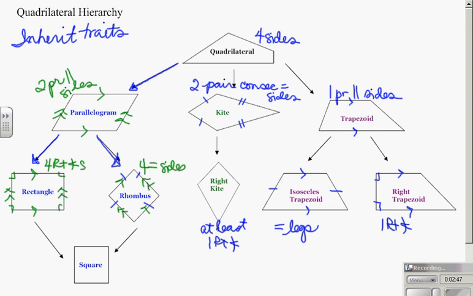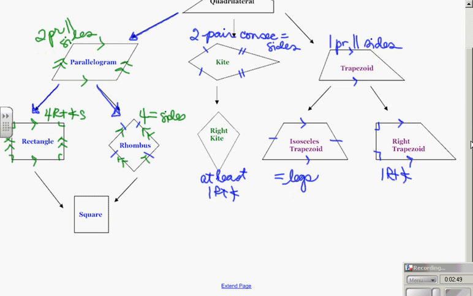Just like you inherited a quality from your grandparents, so do parallelograms inherit qualities from the figures above them. So a square gets everything from a parallelogram, everything from a rectangle, and everything from a rhombus to come together with opposite sides parallel, 4 right angles, and 4 equal sides.